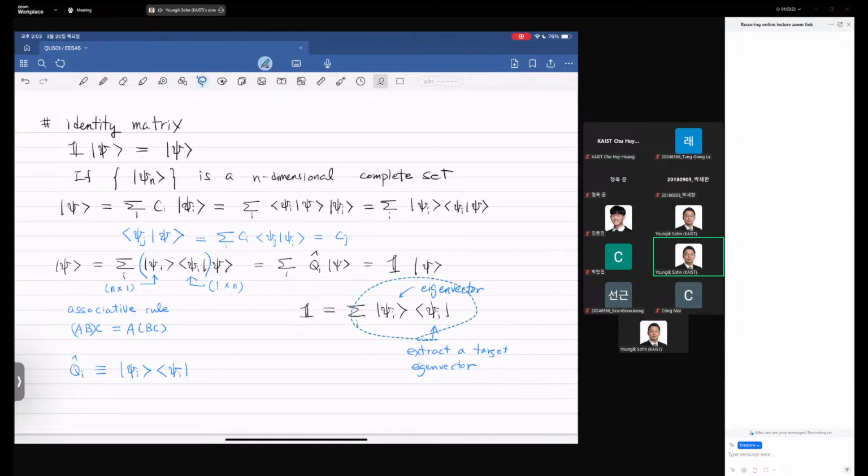If you think about this, it's correct and it looks nice, but its meaning is kind of trivial and it has to work, because you apply that bra to a quantum state and then extract the coefficient of your target eigenstate. And then that number you apply to your eigenstate, you have this result and you do it for all the eigenstates. And of course, you will reproduce yourself.